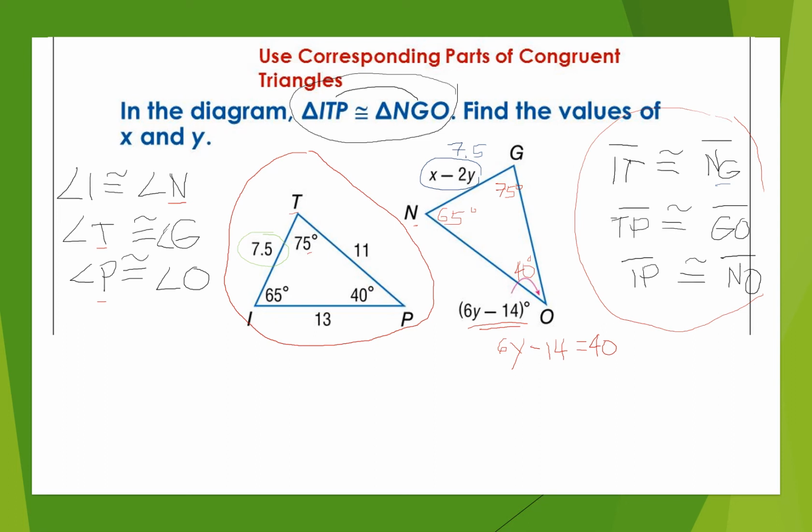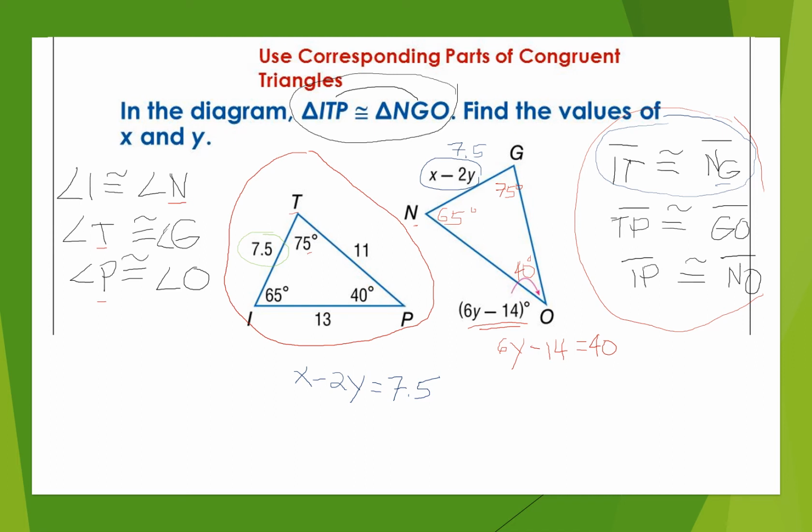So, another expression, so x minus 2y is equivalent to 7.5. Saan nanggaling? Dito sa ating corresponding side. Okay? Wherein yung segment IT daw ay congruent sa segment NG. Yung IT natin 7.5, kaya yung NG natin ay 7.5 din.